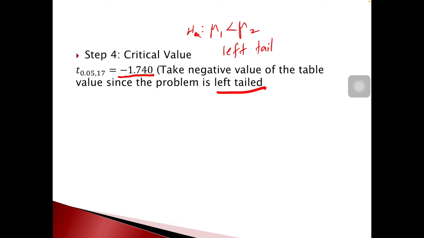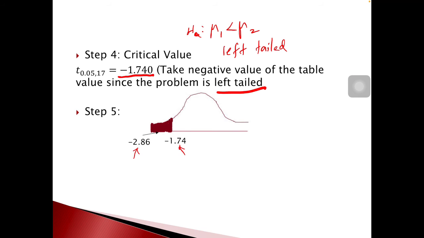So they have mentioned here left tailed. Okay, what is step 5? You know the calculated t value, the calculated test statistic value. This is your test statistic value and this is your table value.